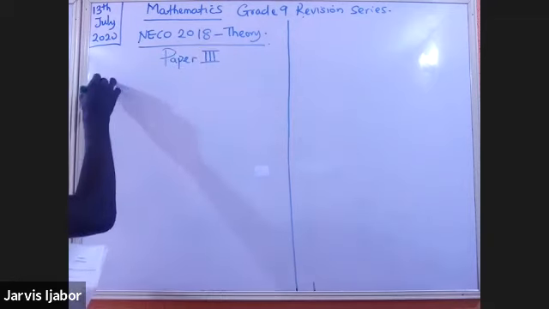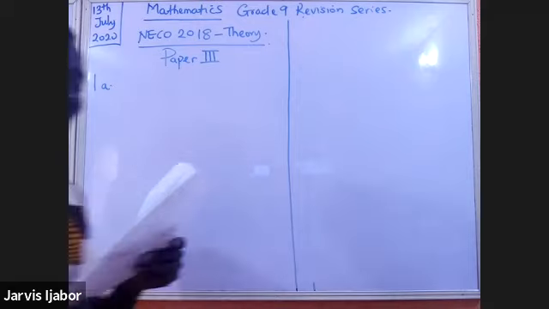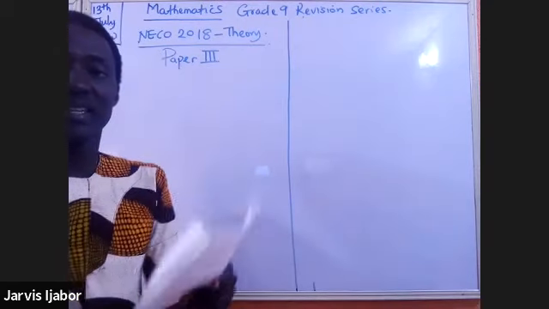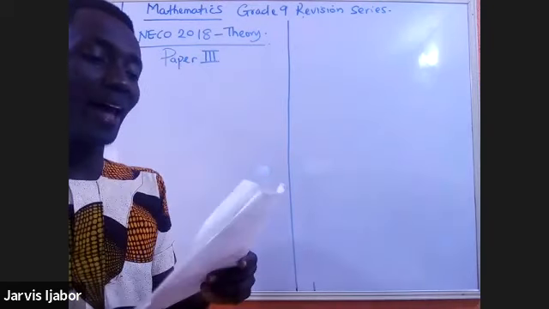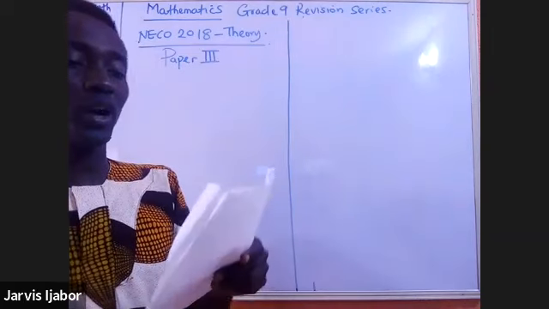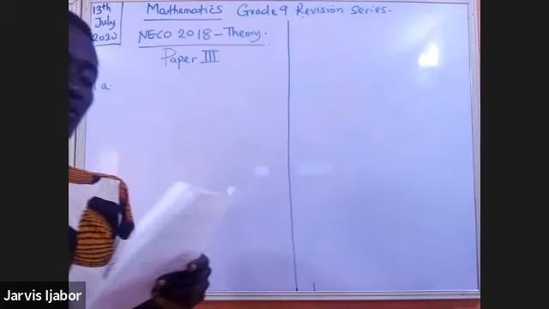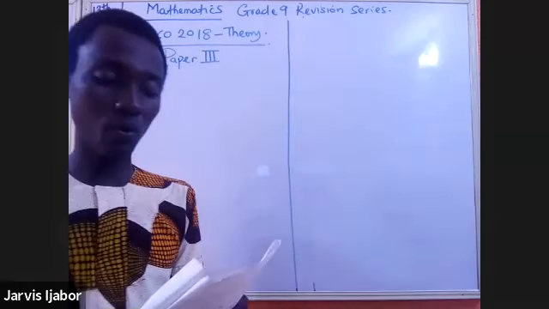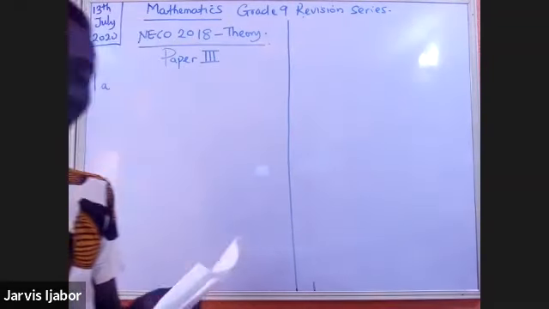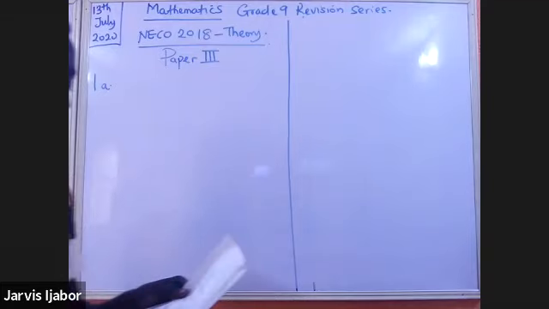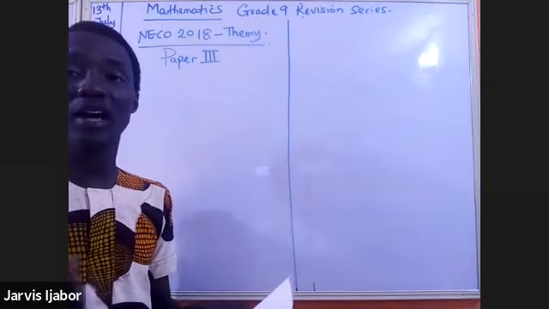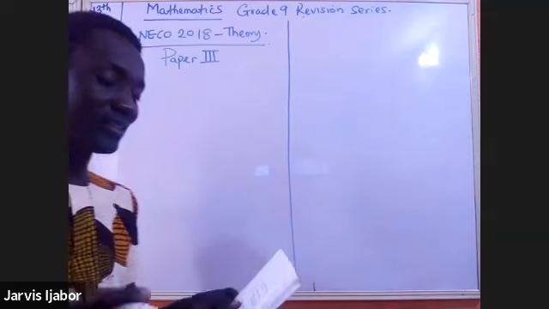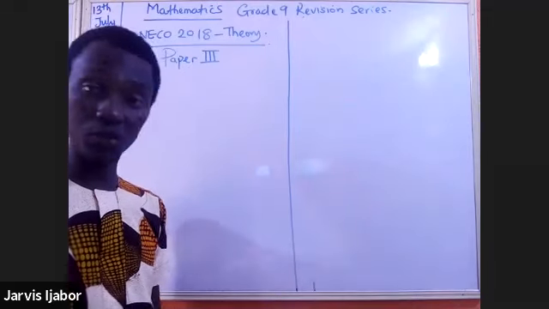Question 1A says, if a plastic cup costs 80 naira and half a dozen of it costs 420 naira, find the discount on half dozen. Very simple.